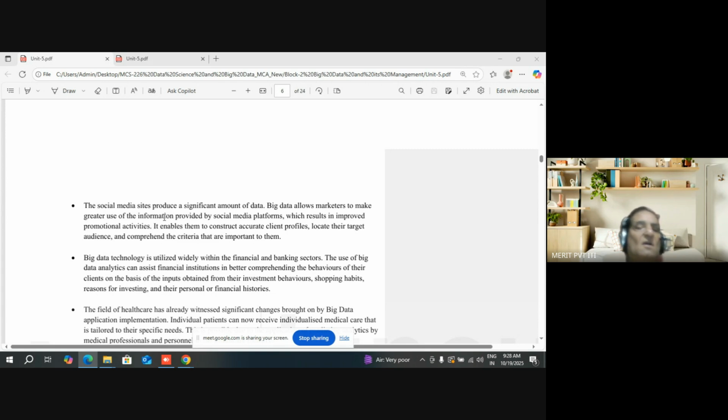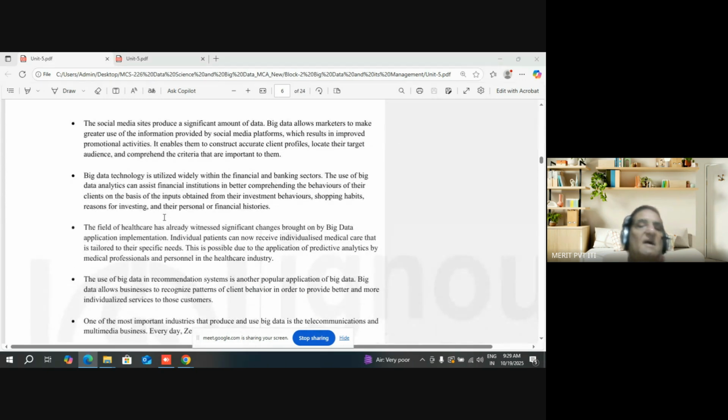See, for example, all the social media, Facebook, Twitter, WhatsApp, all these make so much big data, so that marketers make greater use of the information provided by social media platforms. Big data technology is utilized widely within the financial and banking sector.